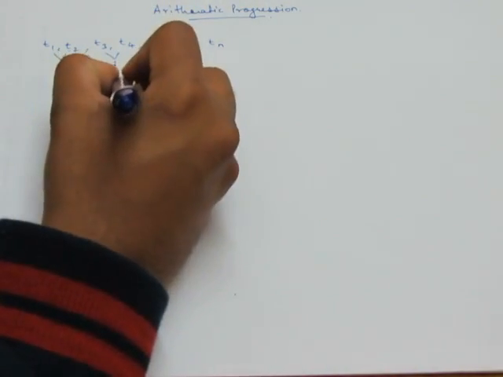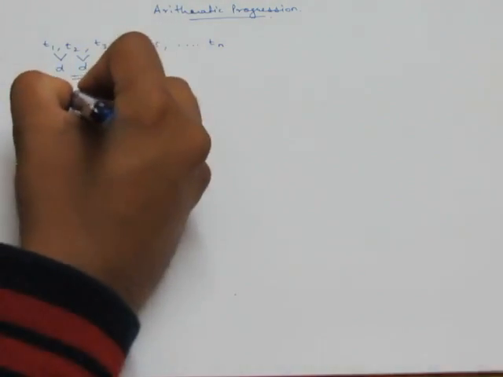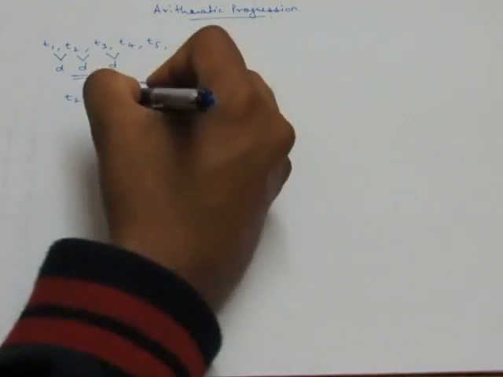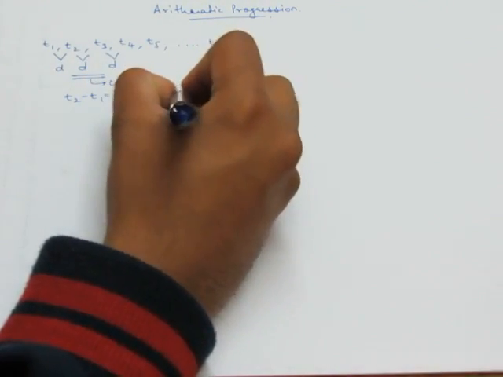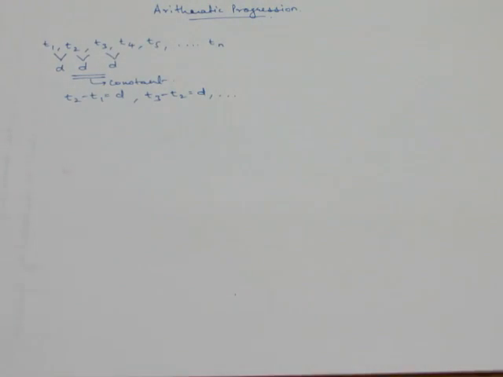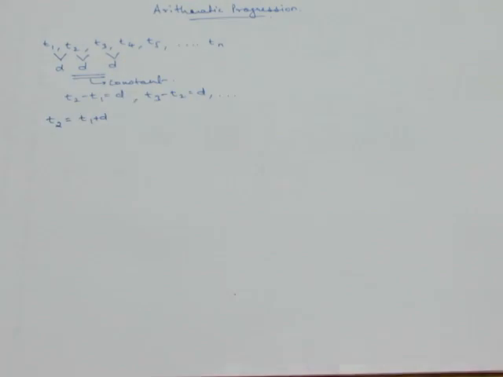This needs to be constant. That is, T2 minus T1 is D. T3 minus T2 is the same D, and so on. This much is clear. If I say T2, I can write it as T1 plus D, right?